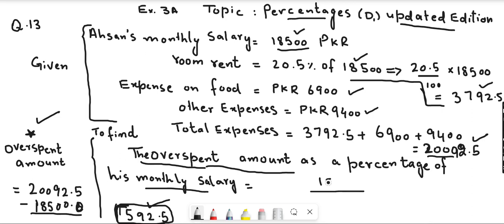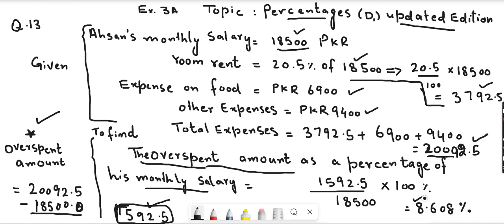So you divide the overspent amount by the salary of that particular month and multiply it by 100%. Then your answer comes to 8.608%. We'll use the calculator here. So he overspent almost 8% more than his income.